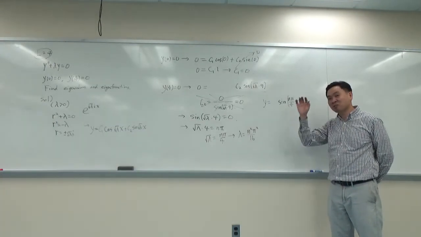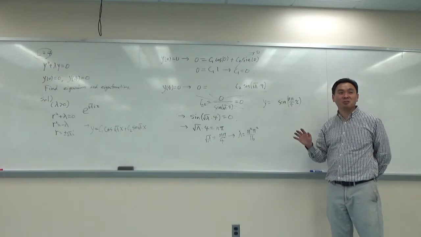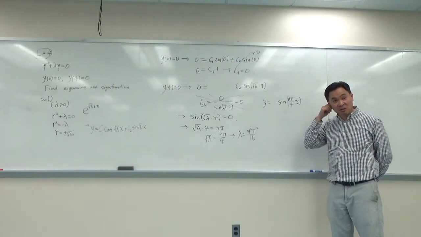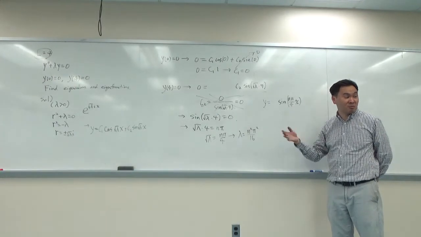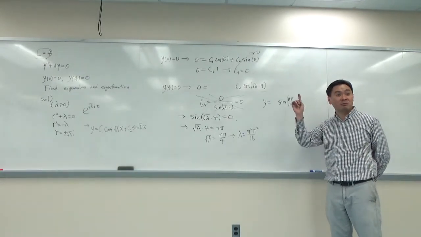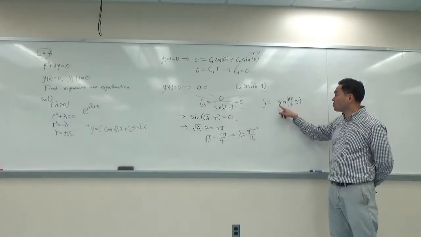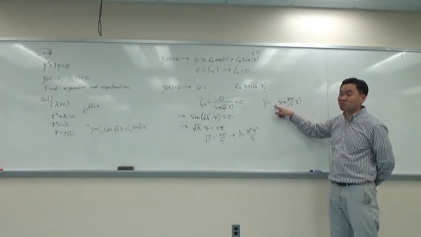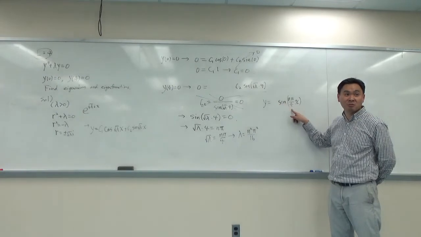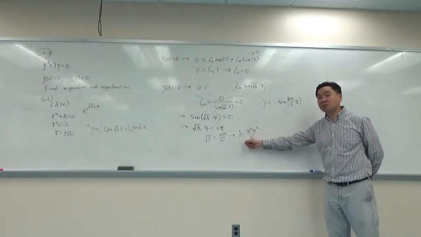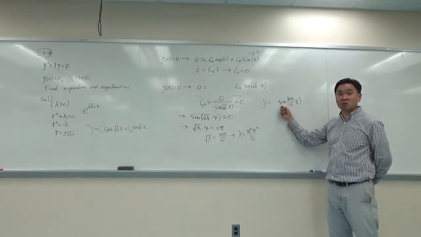I forgot that some of you didn't take linear algebra, but you know that, right? You have infinitely many of them, but you just pick one. It's the same thing here. Among the many different solutions, I'm choosing the one where C2 equals 1, because I just need one non-trivial solution. So when lambda is this value, this will be your non-trivial solution.